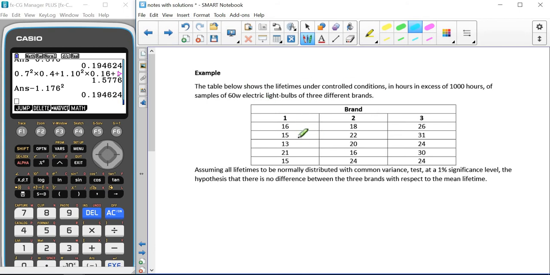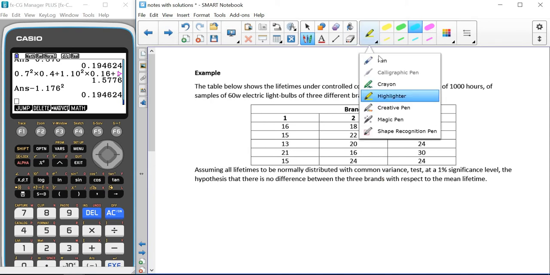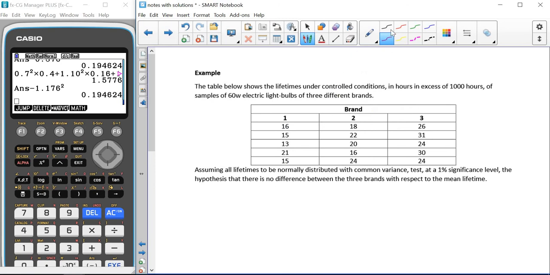Here we have different brands of light bulbs. We've got 3 different brands, and we're told that they're approximately normally distributed with a common variance, so that ticks the boxes for our assumptions. At a 1% significance level, we're seeing if there's a difference between the mean lifetime of the brands. So our H0 is where mu(i) equals mu for i equals 1, 2, 3.